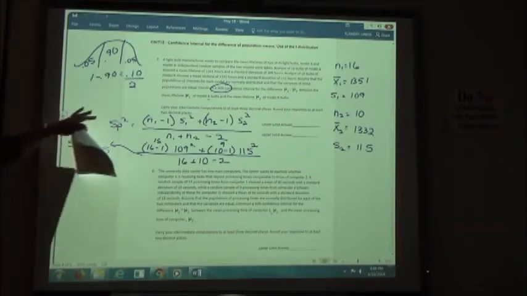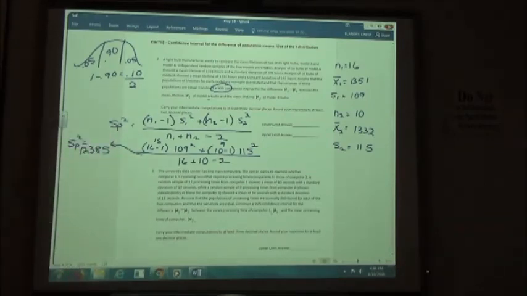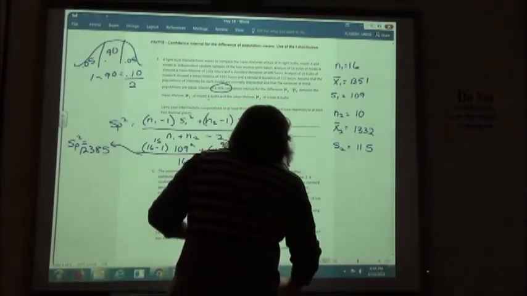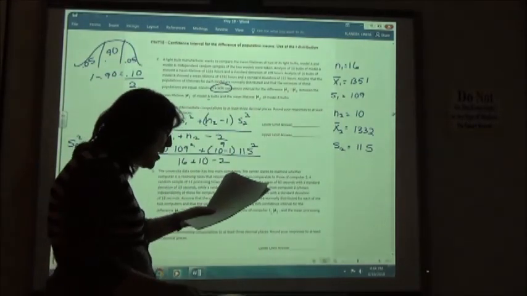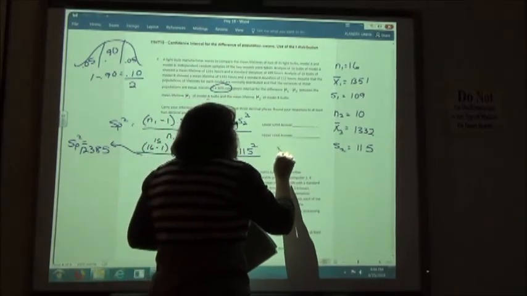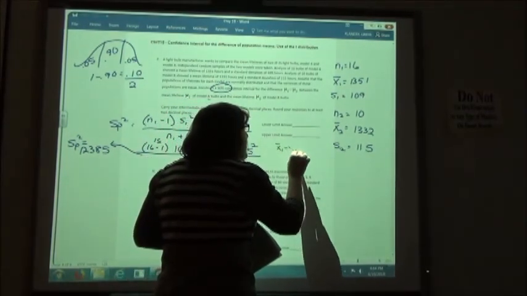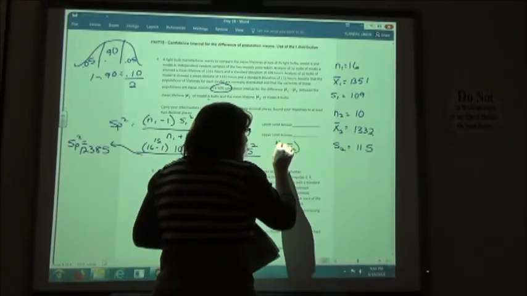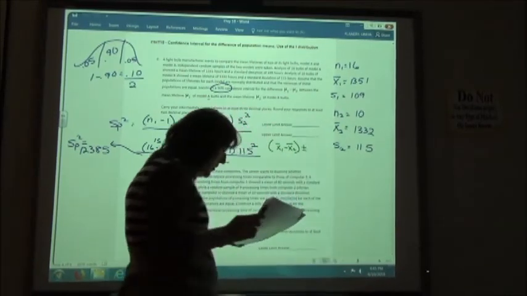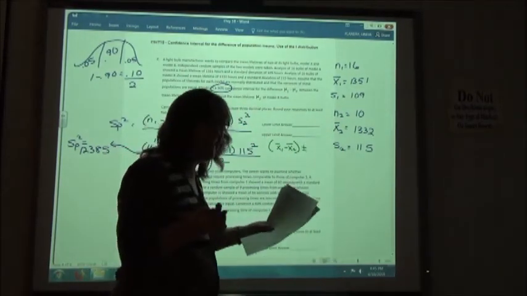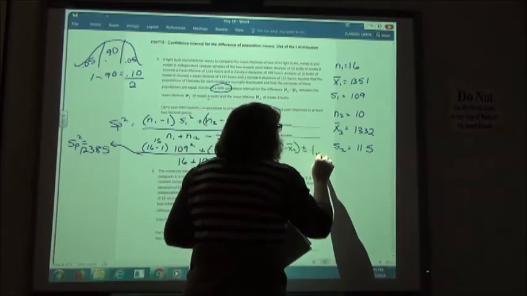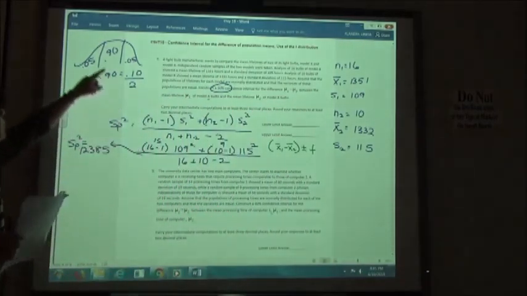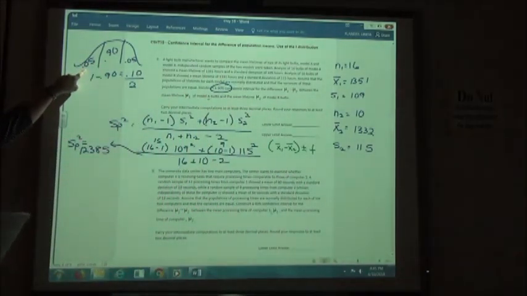Now, we did all of that, we have to do the confidence interval formula. So like we did on the previous one, which I didn't leave myself a whole lot of space to write, we're going to do the mean 1 minus the mean 2, plus or minus. This one's going to be a t-test. So t sub, we figured out it was going to be 0.05 because our confidence interval was 90.